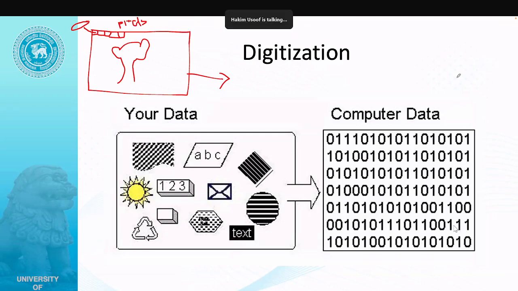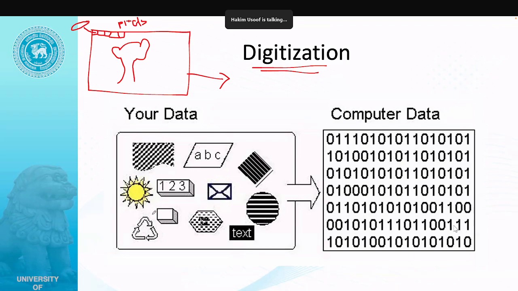This data, we call it analog data. In the real world, all data is analog. This process of converting normal data into computer data is called digitization, because we convert it into ones and zeros.